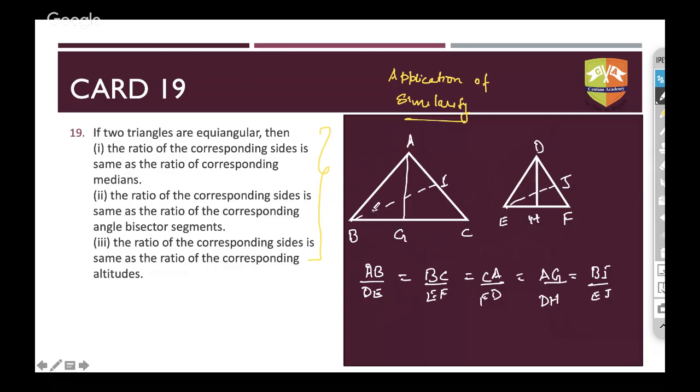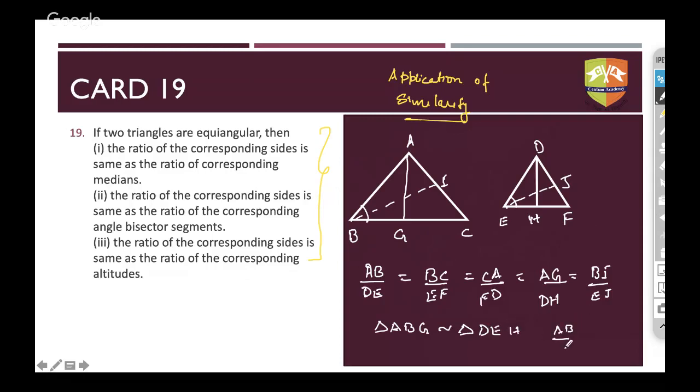So if these are equiangular, then these two angles are the same, and it's 60 degrees. And BG is nothing but half of BC, and EH is equal to half of EF, because AG and DH are medians. So by angle side, triangle ABG is similar to triangle DEH. Why?